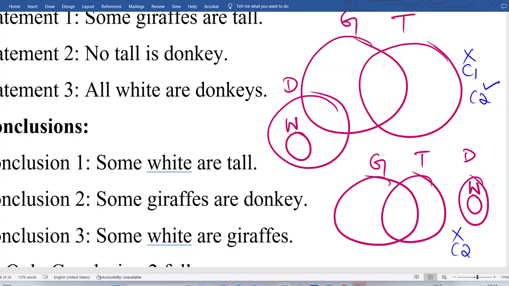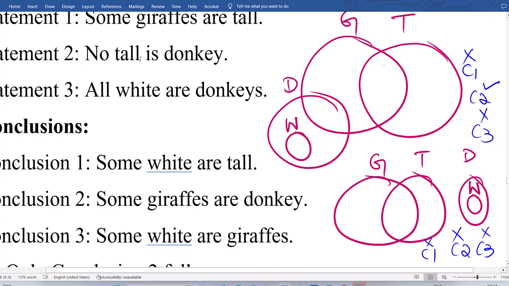Next, some white are giraffes, failed in both diagrams. So, is anything true in all diagrams? No. So none follows.